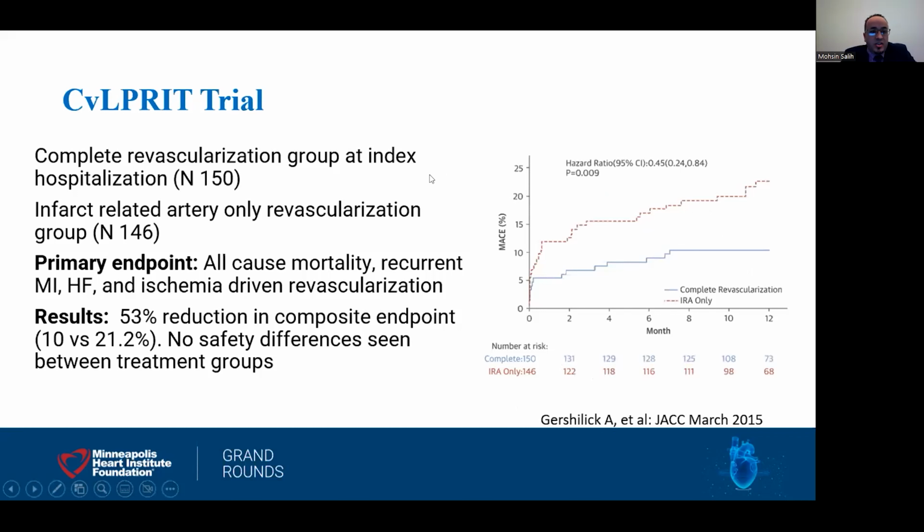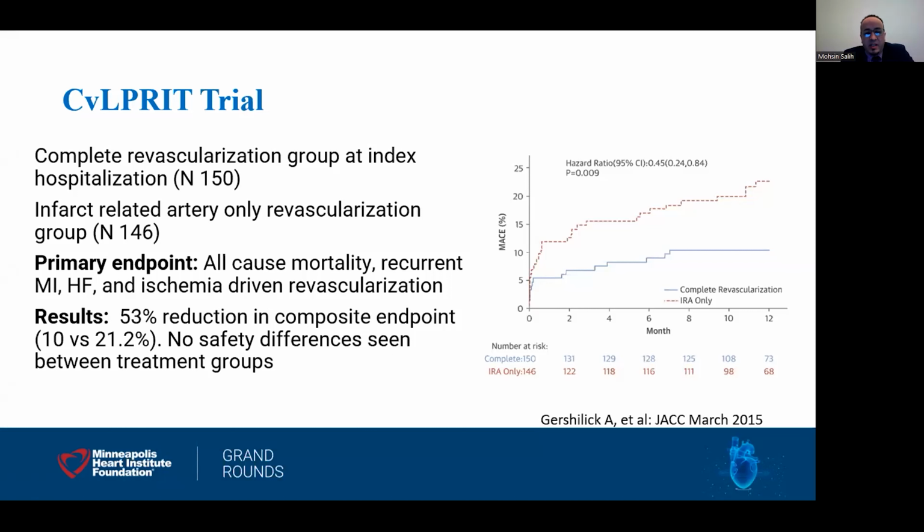Then the second randomized trial that came was on complete revascularization, with about 300 patients randomized, to answer the question of whether we should stage those patients, because the PRAMI trial was an index procedure. Here we're trying to see if we do it staged during the index hospitalization, and the primary endpoint is MACE, including mortality, recurrent MI, heart failure, and ischemia-driven revascularization.